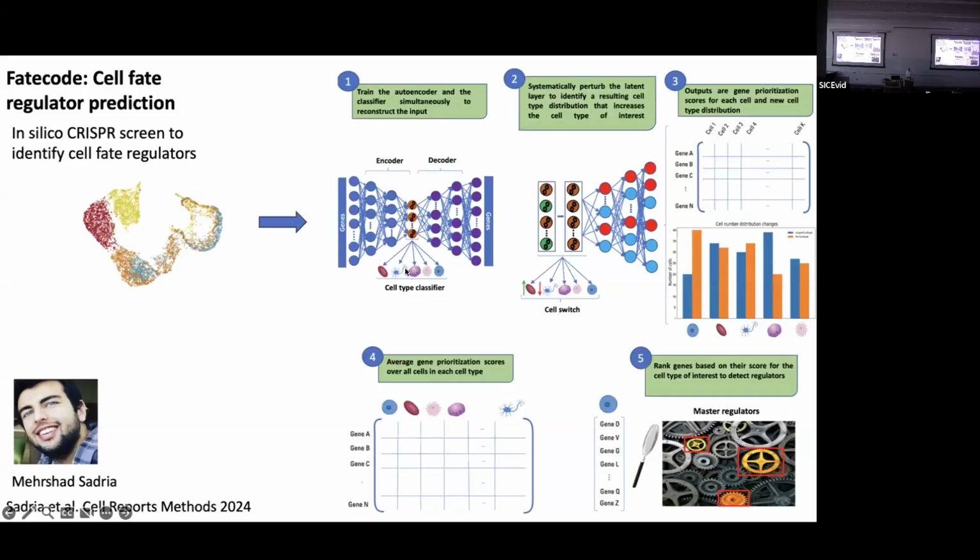He added one extra bit, for the aficionados, which is an additional classifier in the loss function that tries to predict, as this system is learning, whether the internal representation is useful for a task, in this case, classifying which cell type was present in this original data.